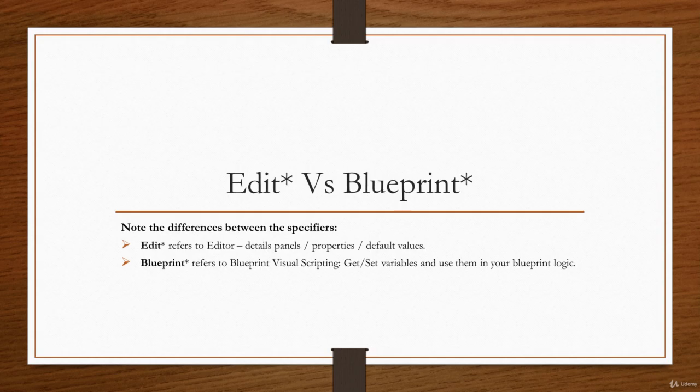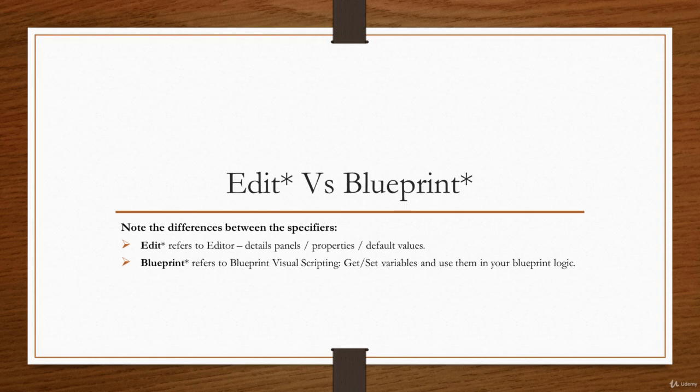So I have a few notes here, like how you can remember what's the difference. The edit specifiers refer to the editor, so details panels, again, changing blueprint class defaults. Blueprint specifiers refer to blueprint visual scripting. So if you want to get or set variables and use them in your blueprint logic, that's basically the difference.